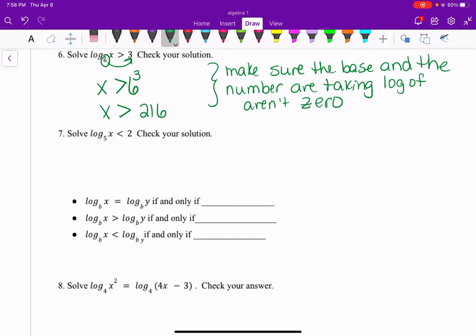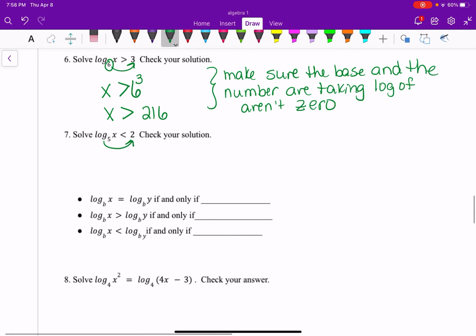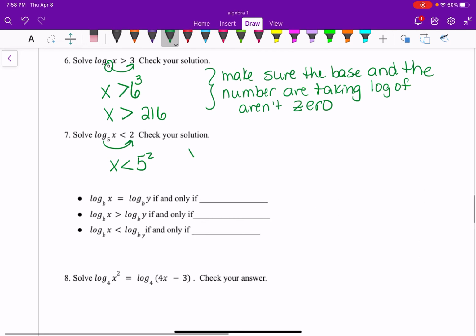Again, we kind of have to do a little switcheroo here. We have to move the base over here and then make that the exponent. So we have x is less than what we're taking the log of has to stay where it is on the inequality side. And so this is 5 squared. Okay? So x is less than 25. But x also can't be 0.